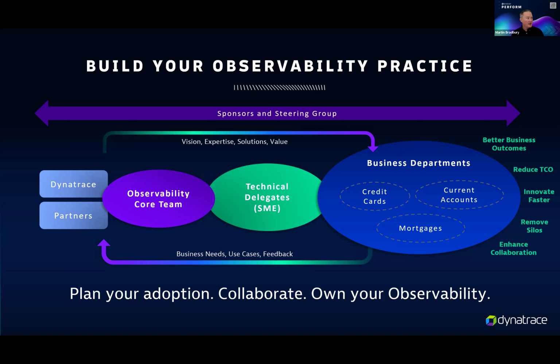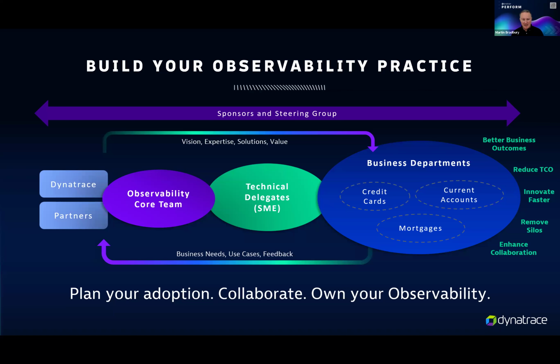I think a modern observability strategy in a large enterprise requires a more progressive approach. We work with many of our customers around building this observability practice and center of excellence. What we recommend, and always try to help our customers implement, is a COE that has ownership of the platform and owns the strategic direction of the platform.